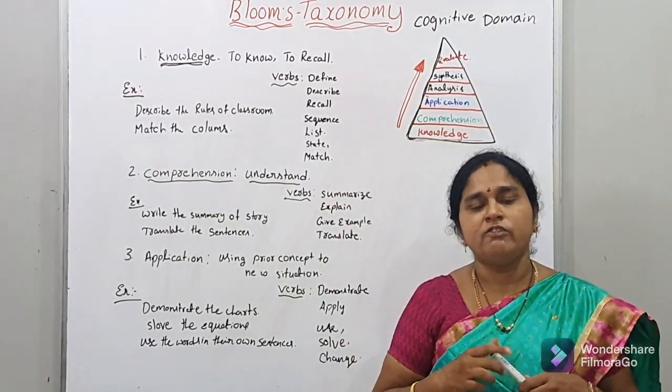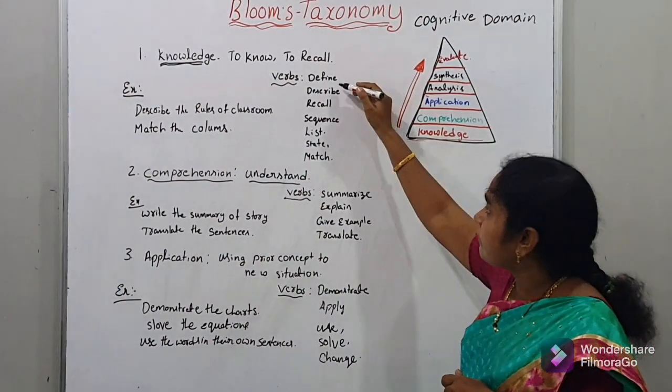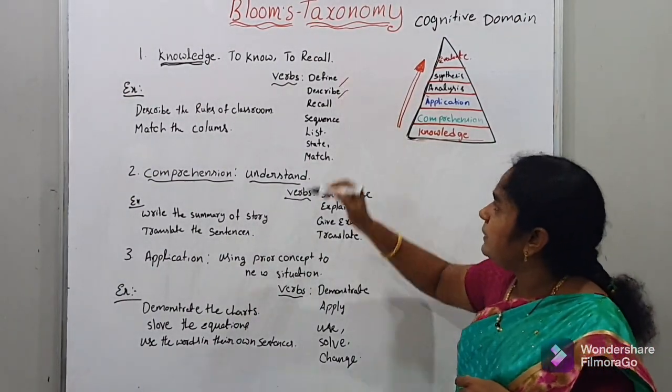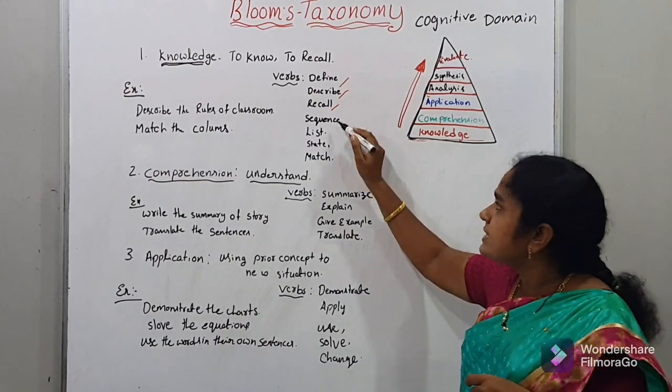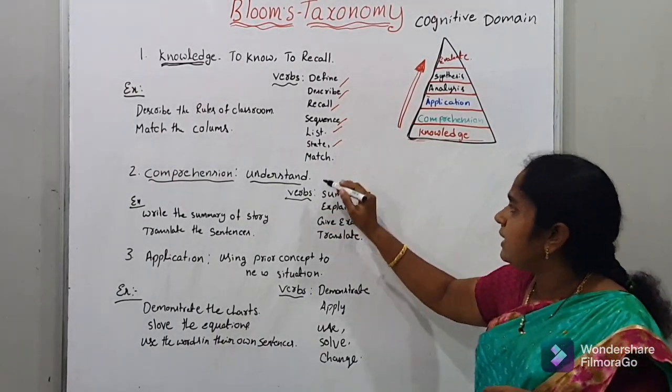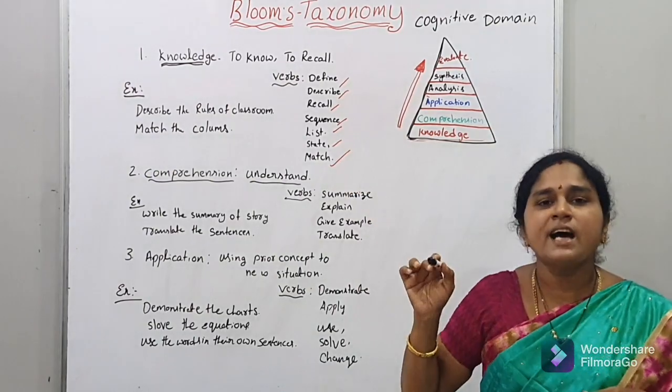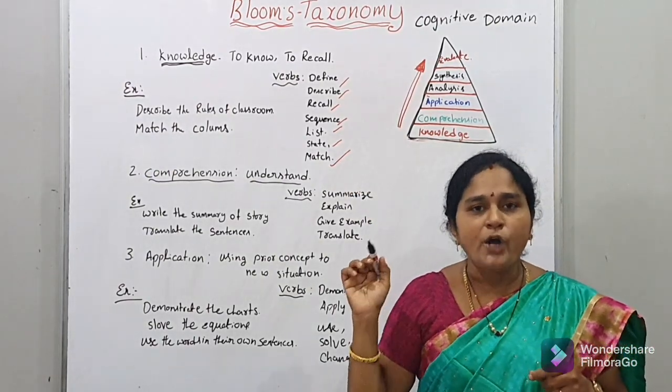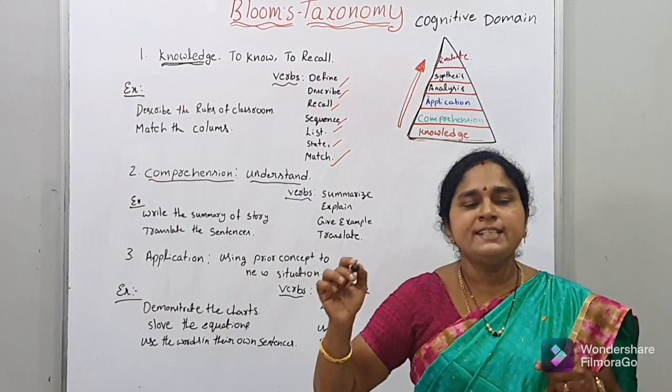We use verbs like define, describe, recall, sequence, list out, statement, and match. These are the verbs we use at the knowledge level.